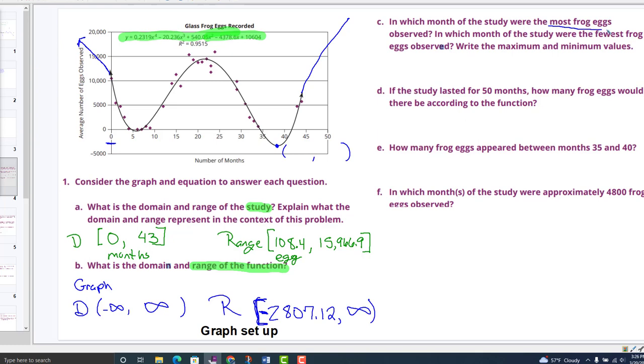When were the most of the frog eggs observed? So in other words, when did this happen? So at 24 months, we had 15,966.9 eggs observed, and that was the max number of eggs we observed.